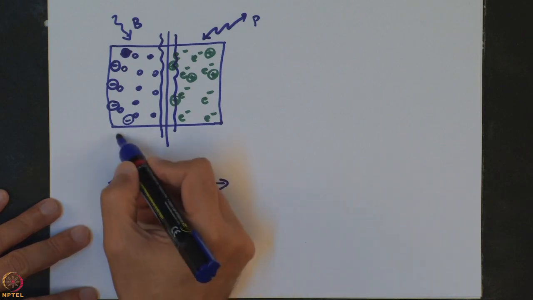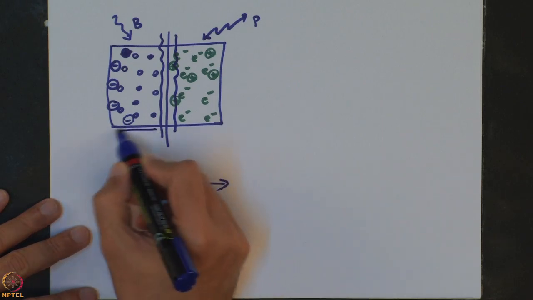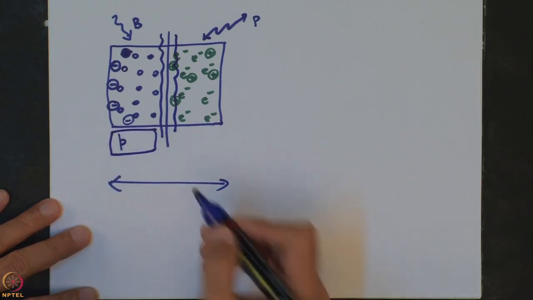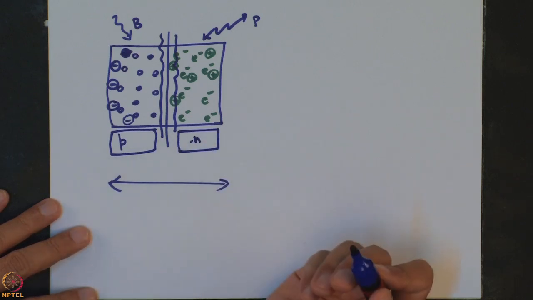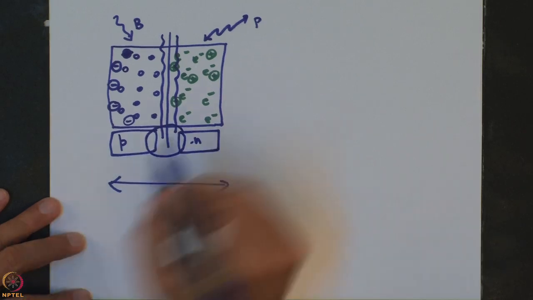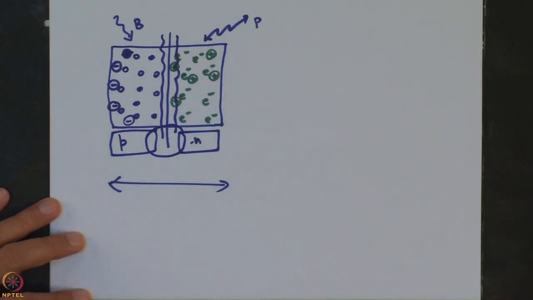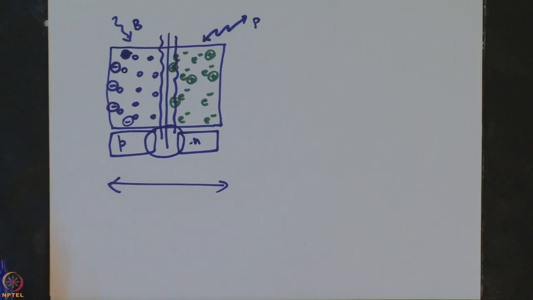Now, we know this is the p type semiconductor we have created, this is an n type semiconductor we have created, and let us discuss this junction point where these two materials are juxtaposed against each other.